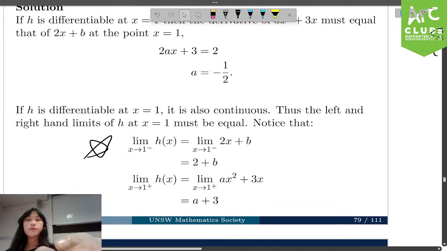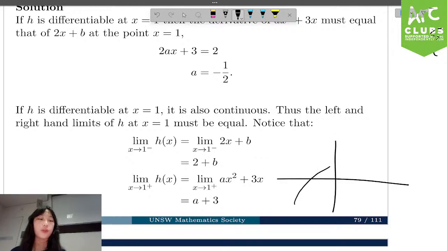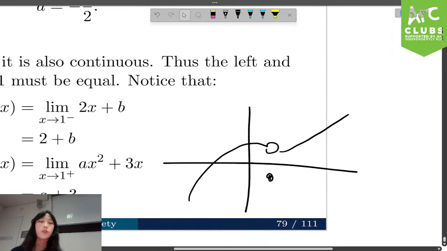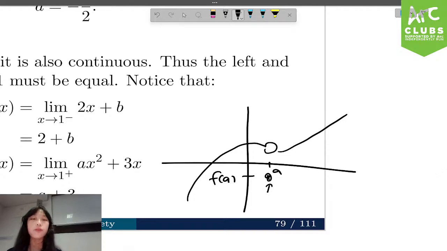Okay, so if you remember the definition of continuity, continuity is defined at a point with two limits, the left-hand side limit and the right-hand side limit. So if we have a function which is, for example, something like this, let's call this value a, and this f of a, because this is the actual function value, that little dot over there. And let's call this c or something.